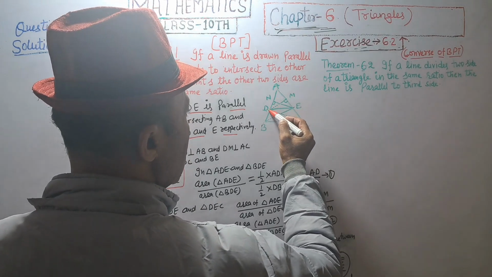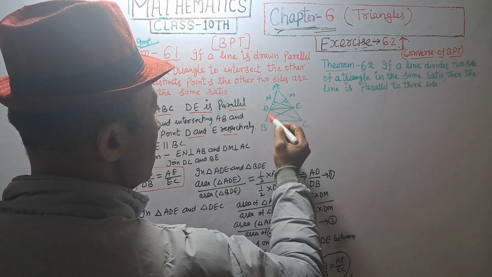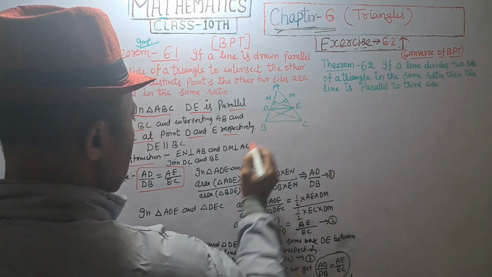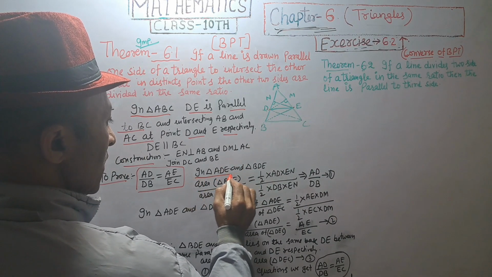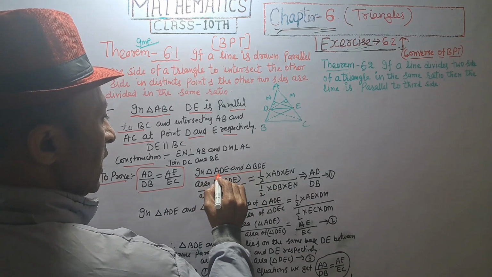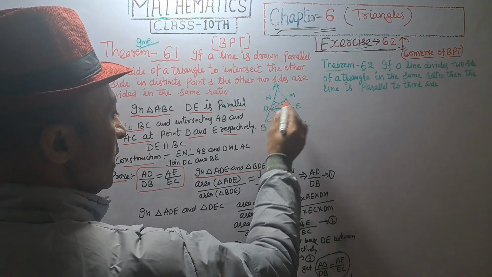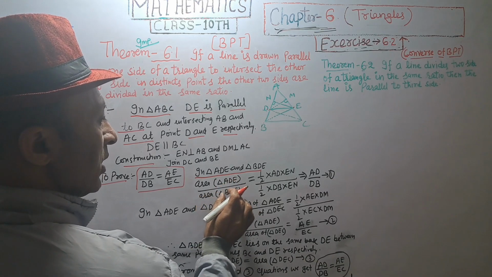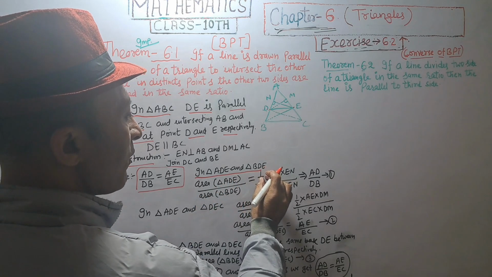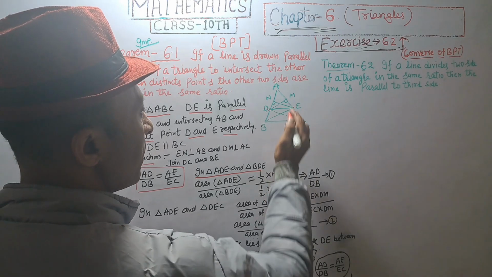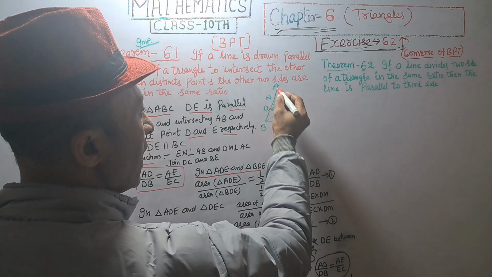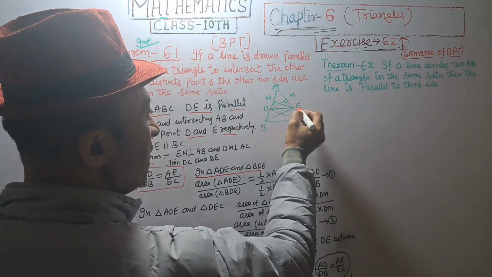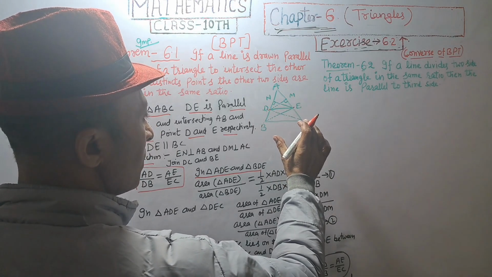In triangle ADE and triangle BDE, area of triangle ADE upon area of triangle BDE is equal to half into base into height. In triangle ADE, base is AD and height is EN, that is perpendicular.